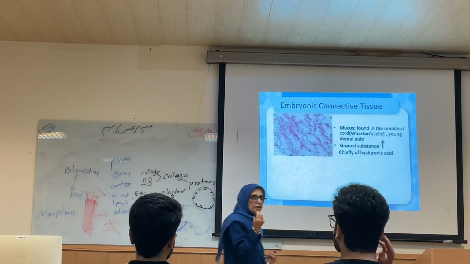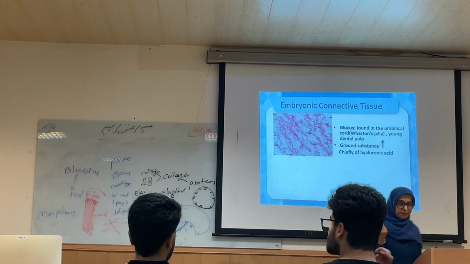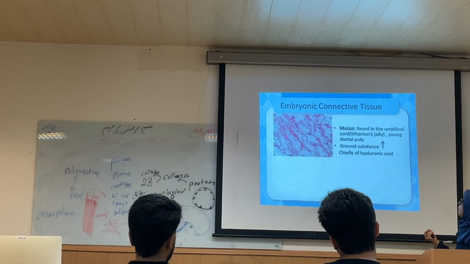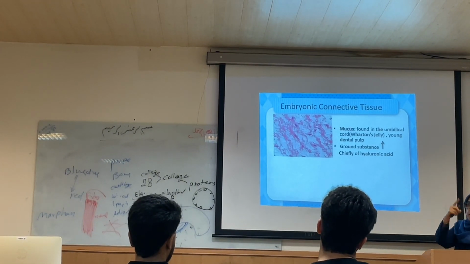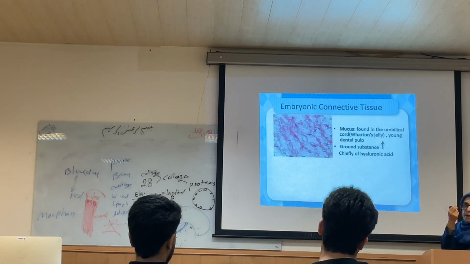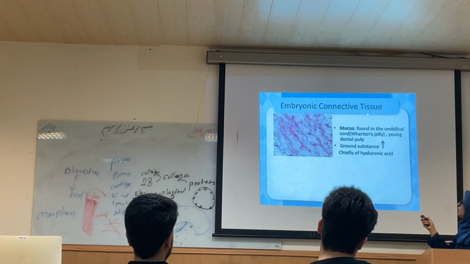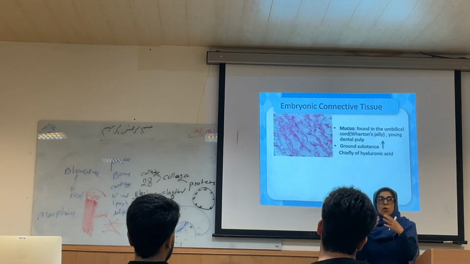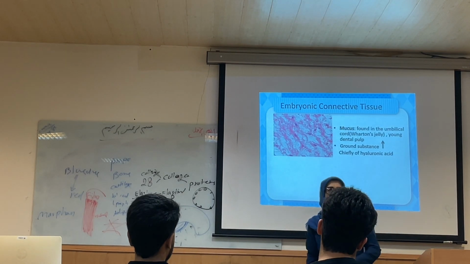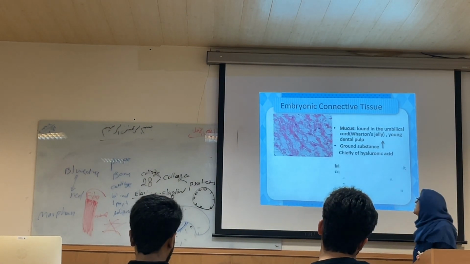When you see a fresh umbilical cord, around it there is a white membrane named Wharton's jelly, which includes the mucous connective tissue. What is the characteristic of mucous connective tissue? The ground substance is more abundant, especially hyaluronic acid. It means the ground substance is much more than the cells and fibers in mucous connective tissue.